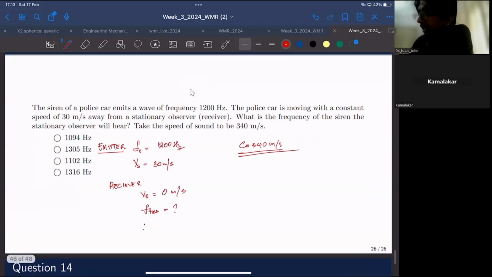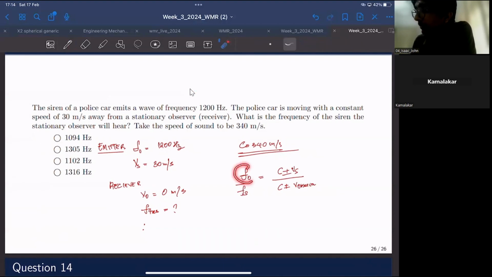So the basic concept is that the ratio of the receiver frequency and the emitter frequency is the ratio of the relative velocities, C plus or minus V observer over C plus or minus Vs. The frequency of the emitter is proportional to the relative velocity of the emitter, and the frequency of the receiver is proportional to the relative velocity of the observer.